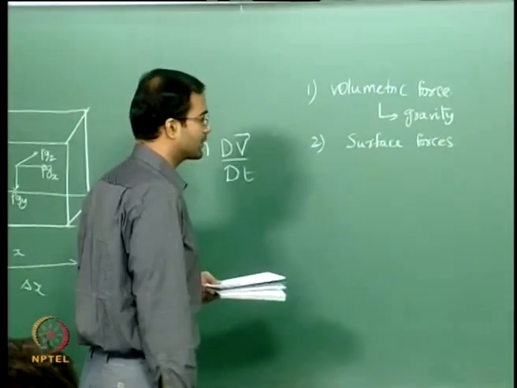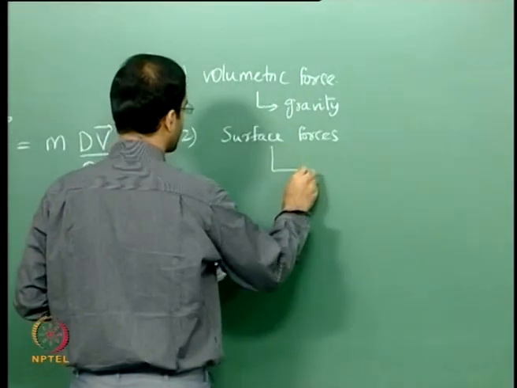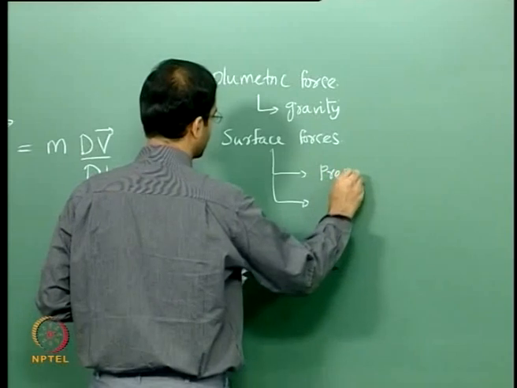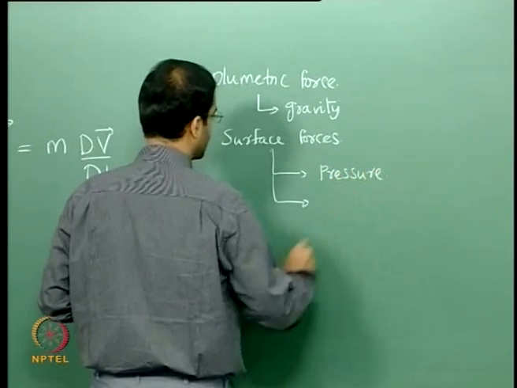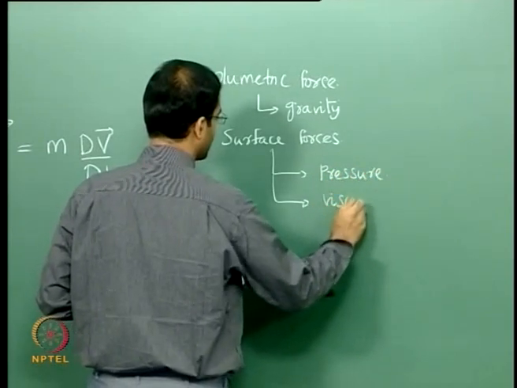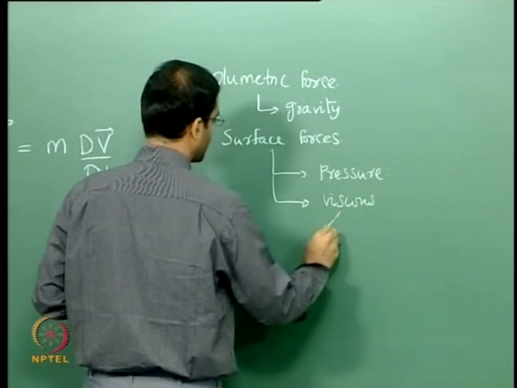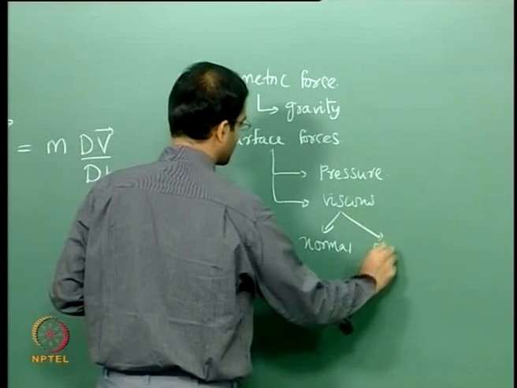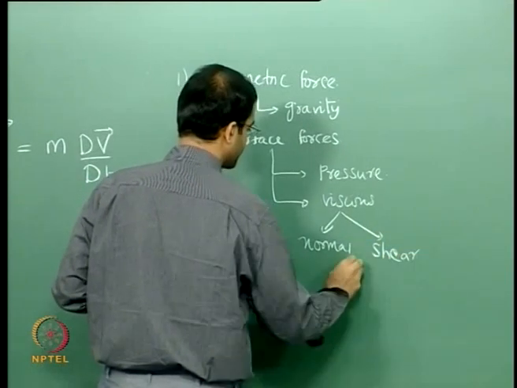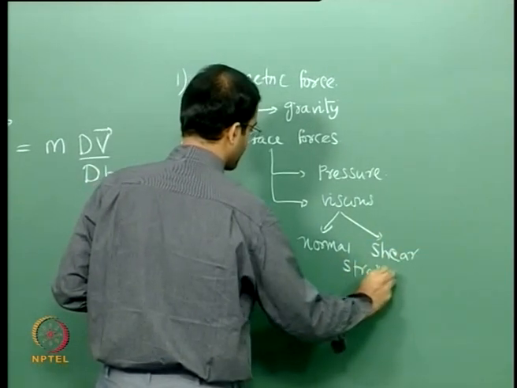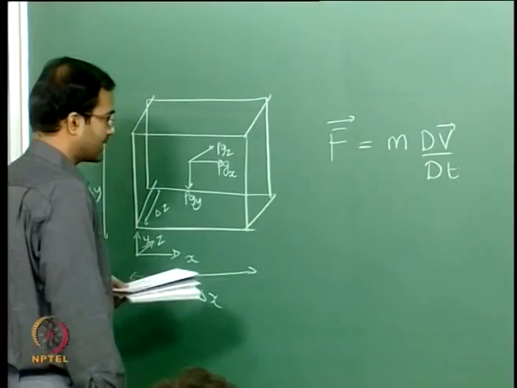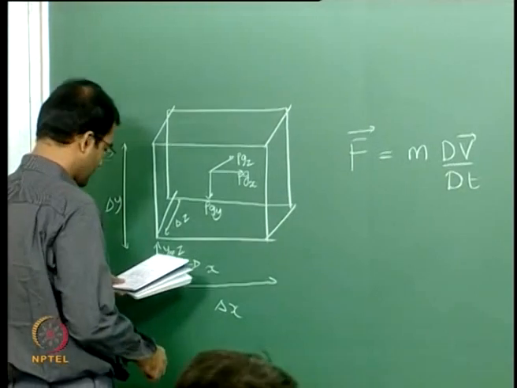These surface forces can be split into two categories. One is your pressure force and the other is your viscous forces, which include your normal and your shear stresses. So coming back, let us include all these forces on this control volume.